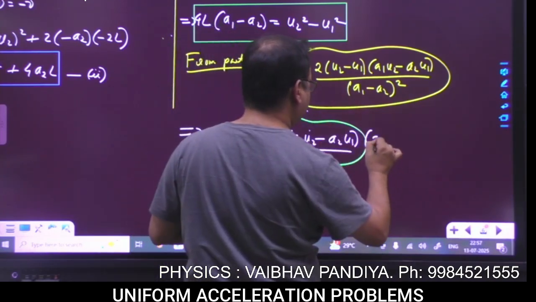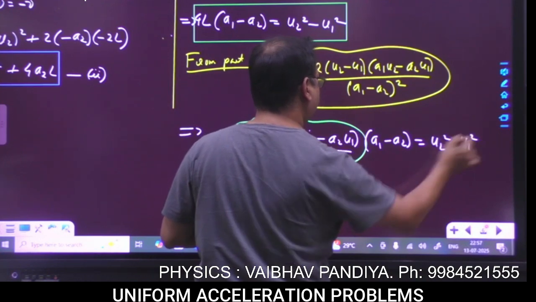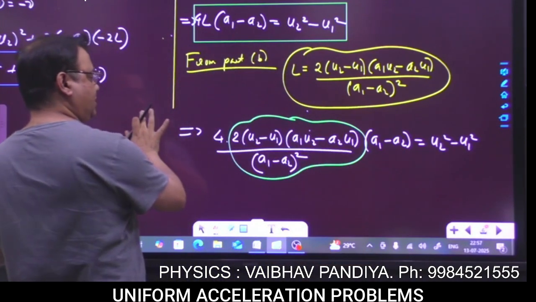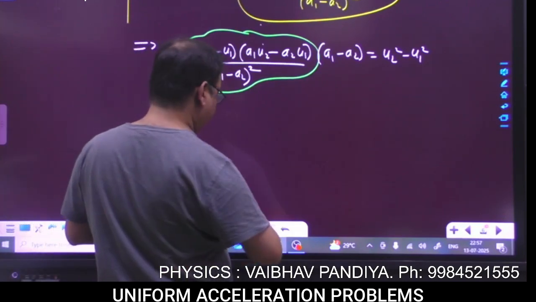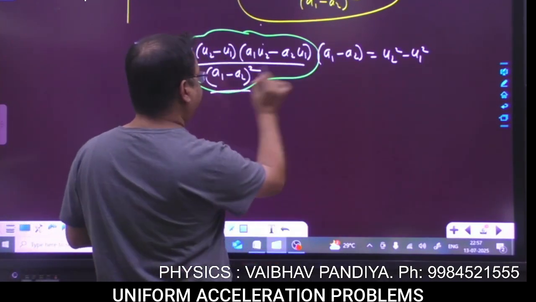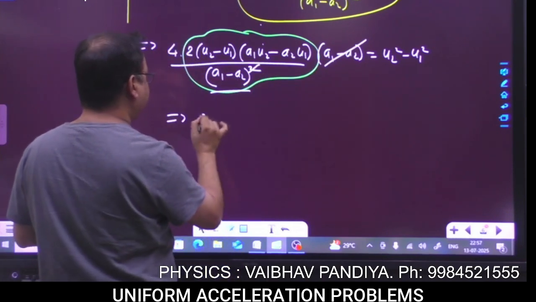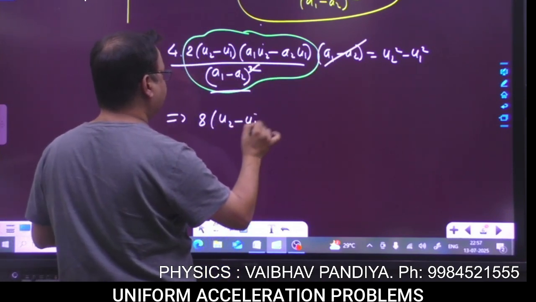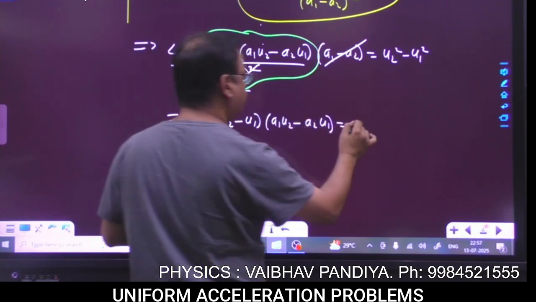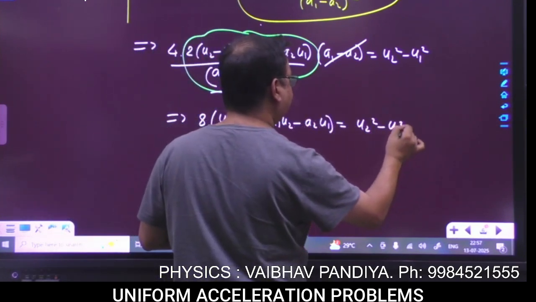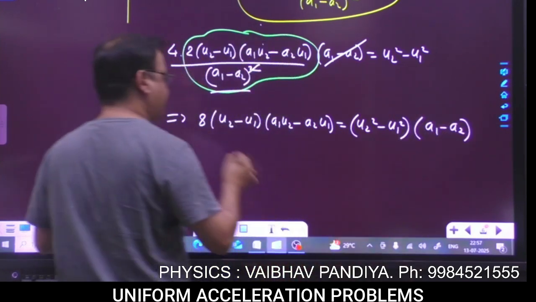A1 minus A2 is equal to U2 square minus U1 square. So this is A1 minus A2 square and this is A1 minus A2, so one power will get cancelled away and you get 8 times of U2 minus U1, A1 U2 minus A2 U1 is equal to U2 square minus U1 square multiplied by A1 minus A2.